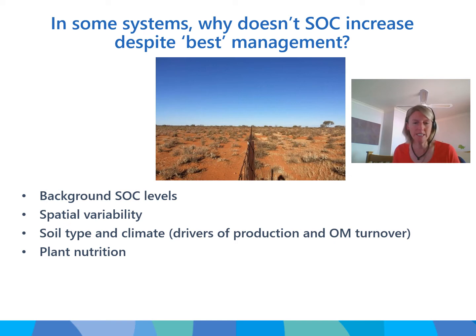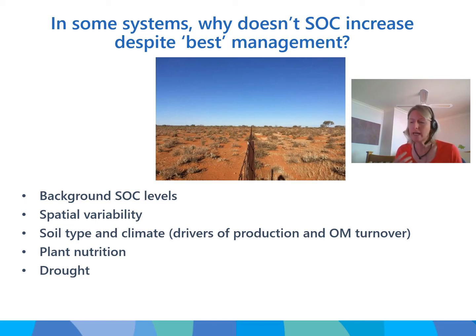Plant nutrition can be a major factor in determining whether or not organic matter can build up in the soil, or if the plants are limited in their ability to photosynthesize through a plant nutritional deficiency. And also drought. As I said, the seasonal impacts on soil organic matter flows are very important.